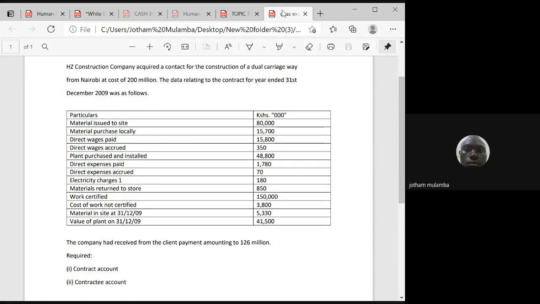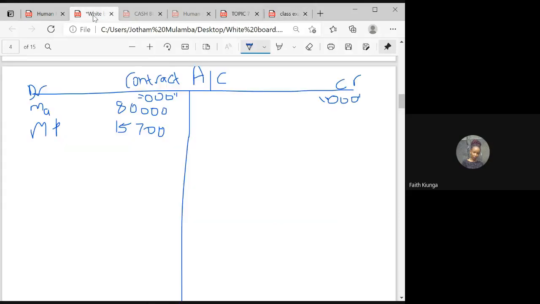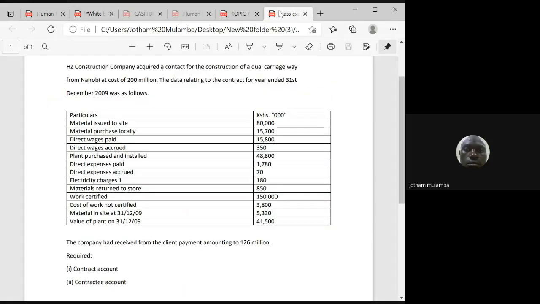How much? It's 48,800. Another transaction that we should record on the debit side.